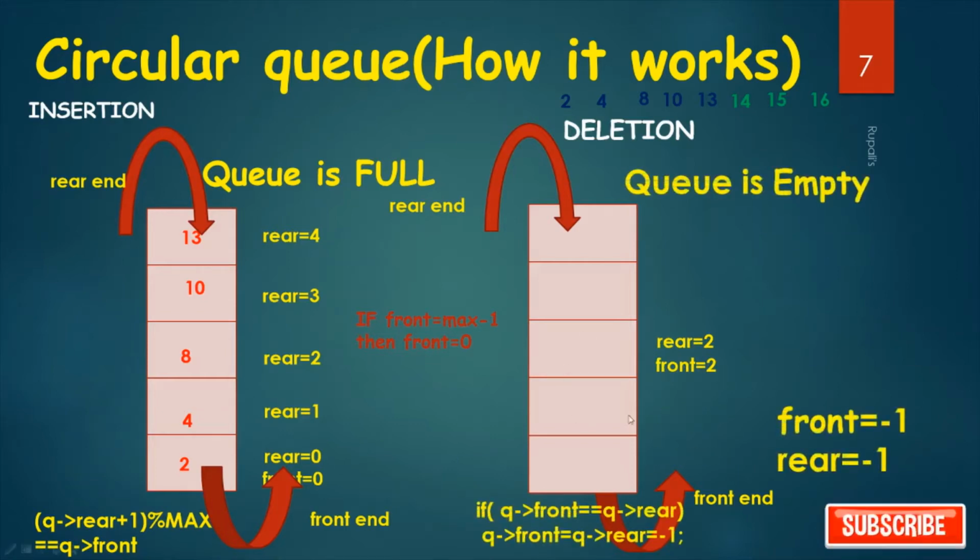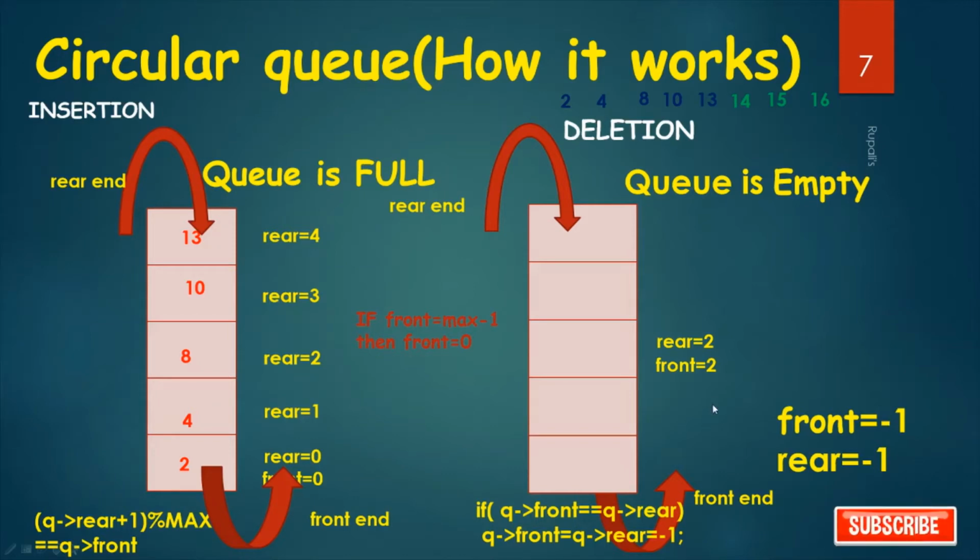So when both rear and front are same, then the queue is empty. So make both front and rear as -1. So if q arrow front equals q arrow rear, then make both q arrow front and q arrow rear as -1, and that is the empty condition.